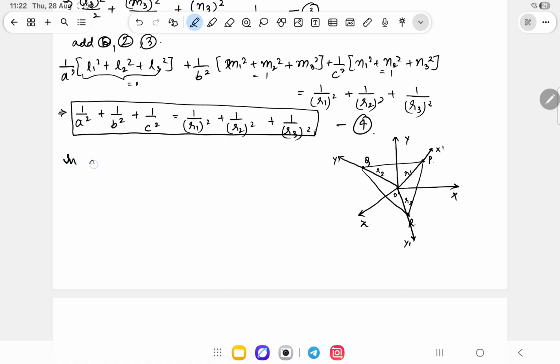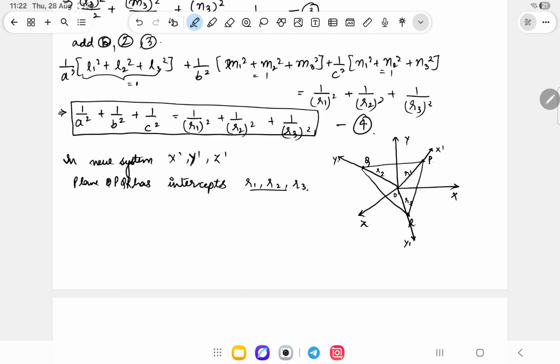So in the new system X dash, Y dash, Z dash, plane PQR has intercepts R1, R2 and R3.